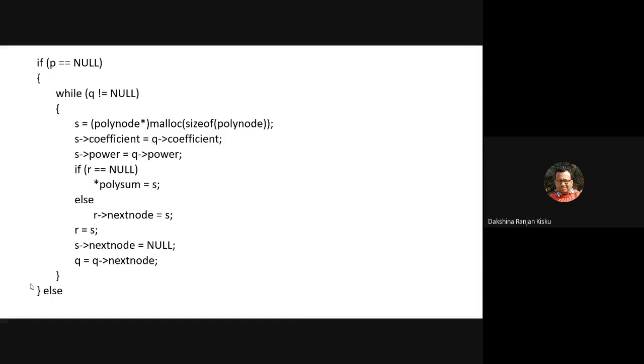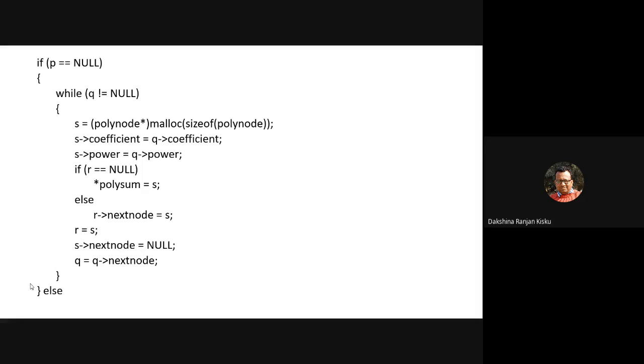That means the malloc function will be used to allocate the memory space, and then that memory space will be pointed to by the s pointer, and s coefficient and s power will be assigned by q coefficient and q power, because p is found to be null or empty. Okay, and the second polynomial is non-empty.